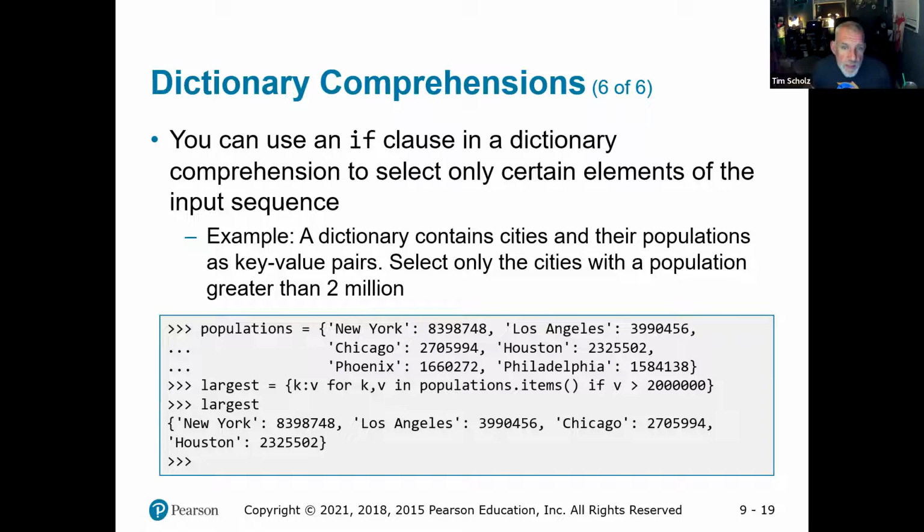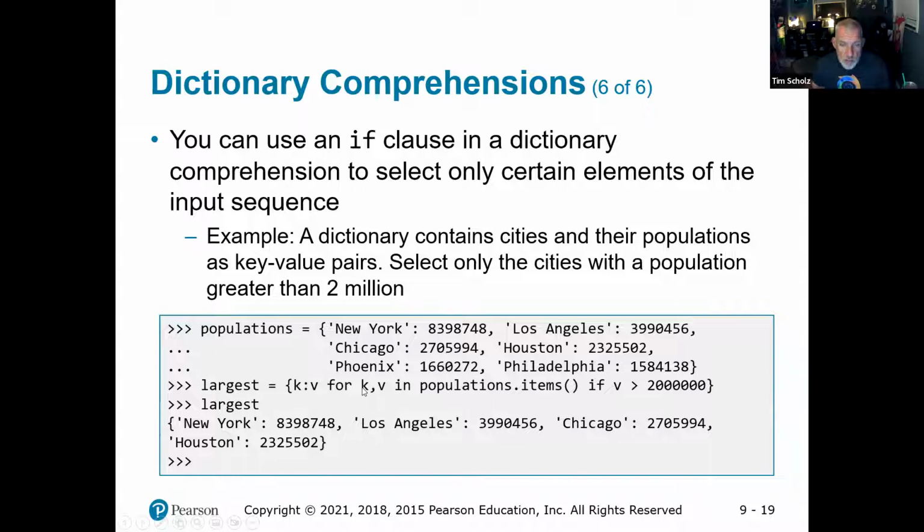Just like with our list comprehensions, we can also use the if clause. We have a dictionary of populations, which has a list of cities and their overall population. We're looking to create a dictionary that shows the largest cities, where largest cities are defined as having a value higher than 2 million.